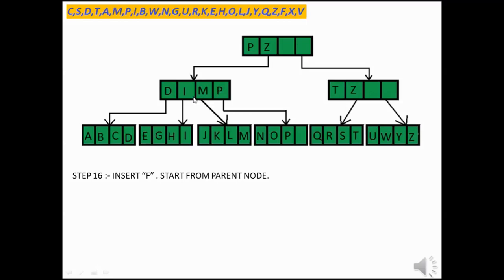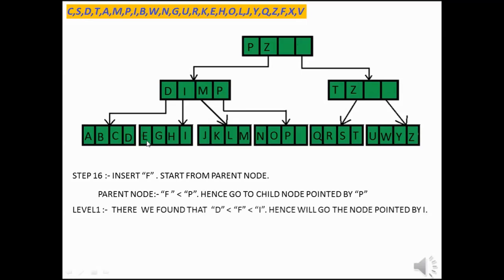There we find that F is greater than D and less than I. So we have to go to the child node pointed by I. So at level 2 we come to the node containing E, G, H and I. Now F is greater than E and less than G. See the arrow position? Logically F has to come there, right?